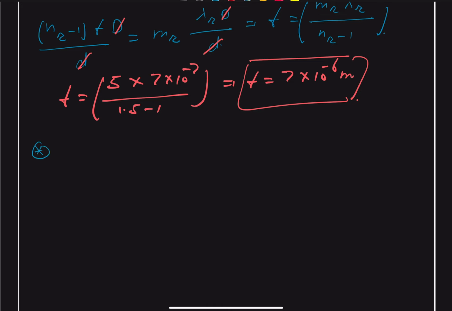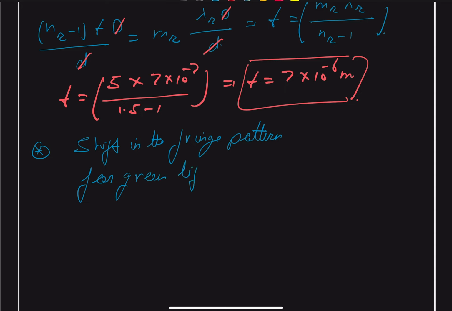So you can say shift in the fringe pattern for green light, and we can say it for delta y prime, and that will be equal to refractive index for green minus 1, and we have thickness that will be the same, capital D upon small d.